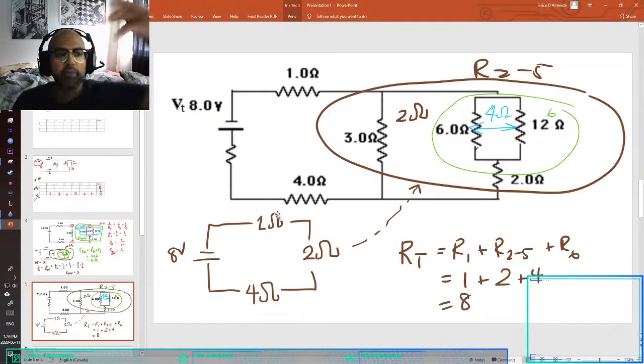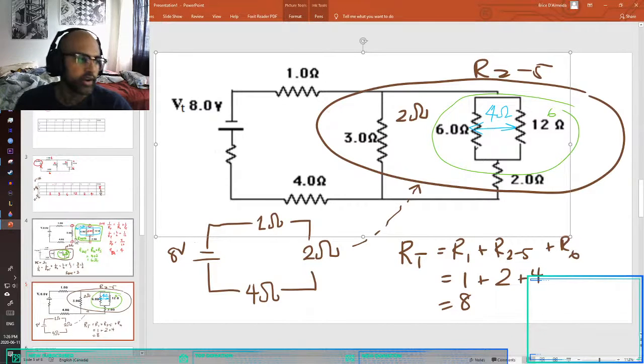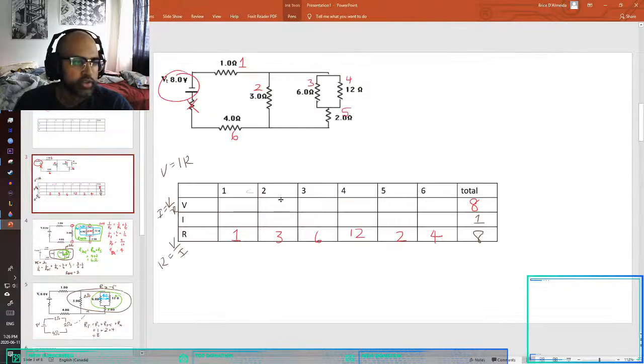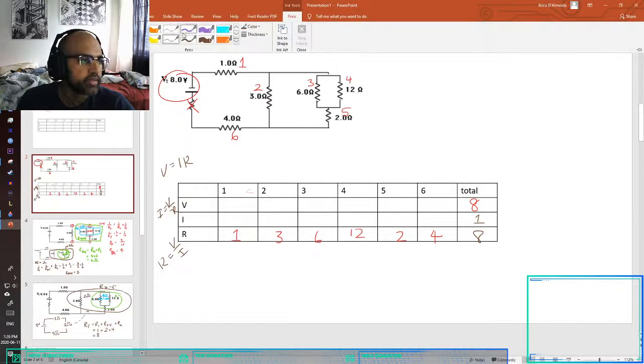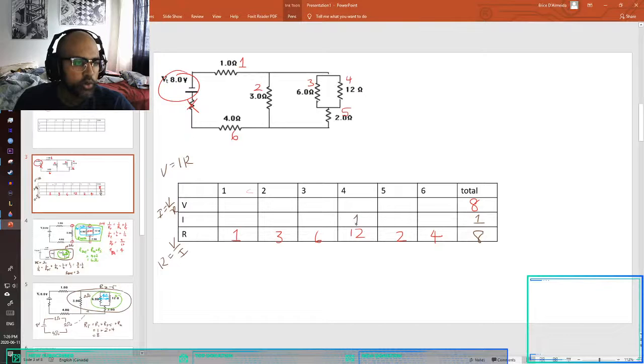Then all of them combine again and hit the 1. So resistor 4 and resistor 1 get all the current, so I can put those numbers in. They get 1 amp here, they also get 1 amp here.